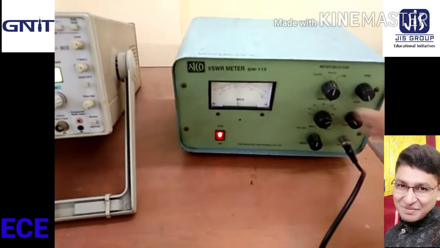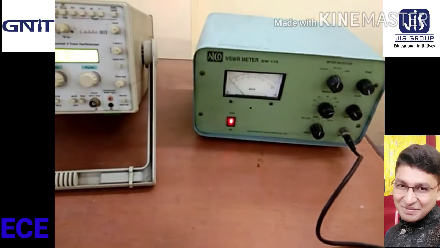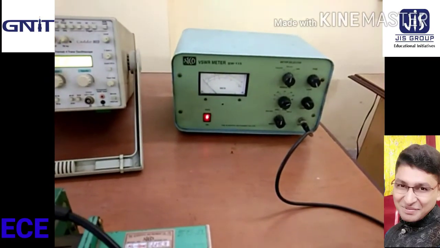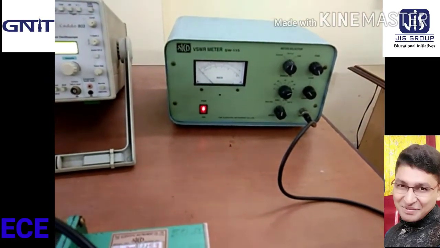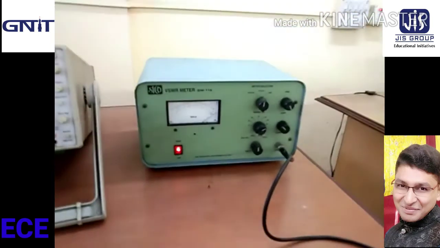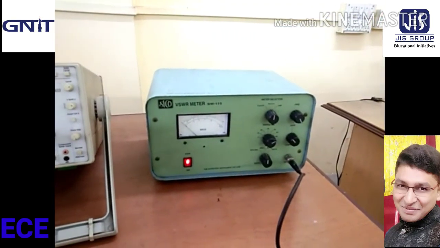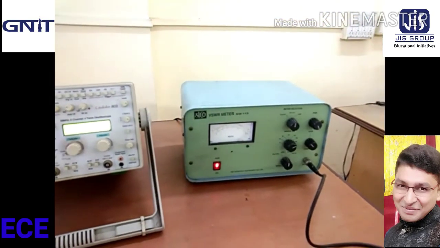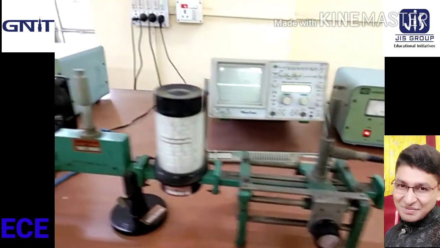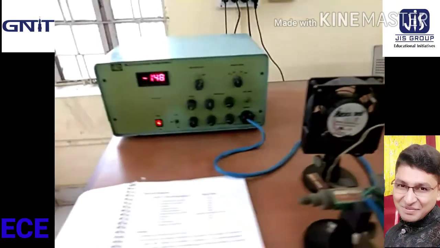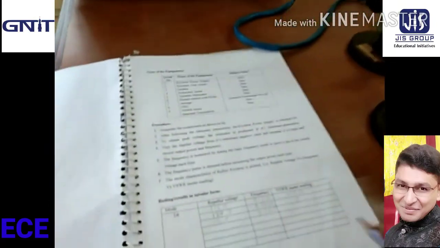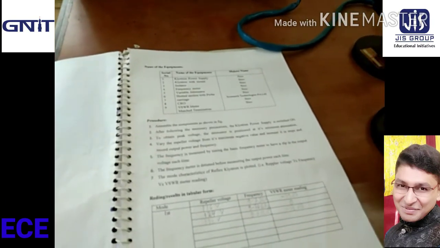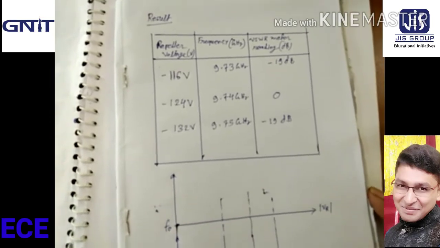Then add 10, and the reading is 9. So the reading is 9 plus 10, that is minus 19 dB. This is our reading.